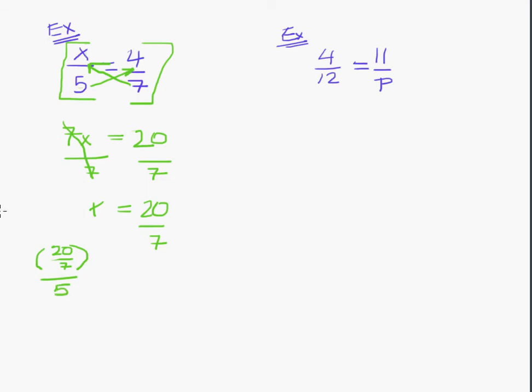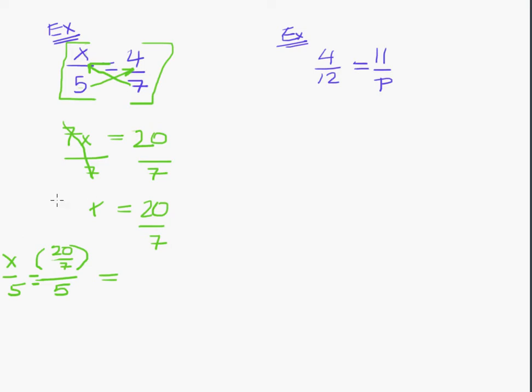And let's simplify this. This was our x over 5, remember? We're going to see if this actually equals 4/7. So what is 20 sevenths over 5? Well, we've talked about this, that the fraction line means division.